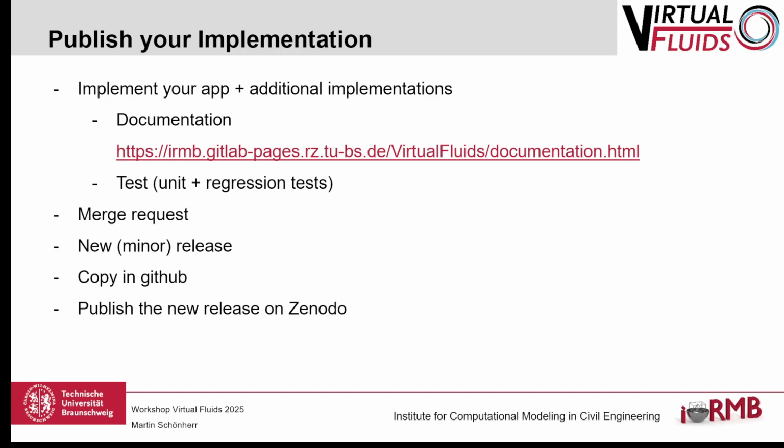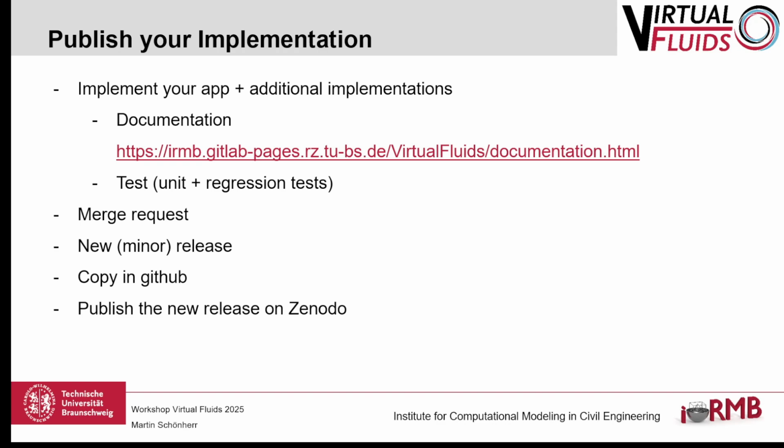And then it works in a way that we mirror everything which is on GitLab to GitHub. So you will find VirtualFluids on GitHub too, because you need to have it on GitHub to publish it on Zenodo. It's complicated, but okay, we will do it.